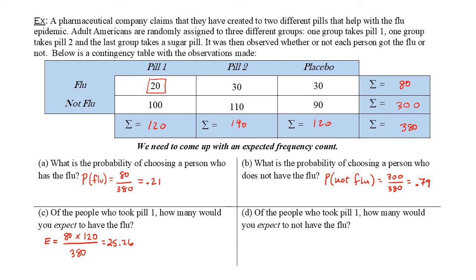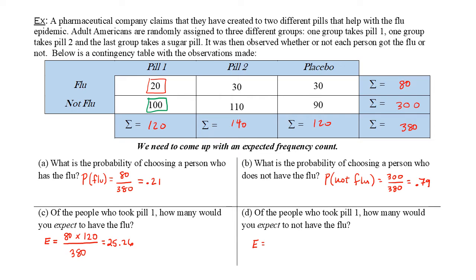And then of the people who took pill 1, how many would you expect to not have the flu? So here again, I can add up the totals. Well, we actually already added up the totals. So if I'm computing now the expected value for that entry there, I'll multiply the row and the column total there.